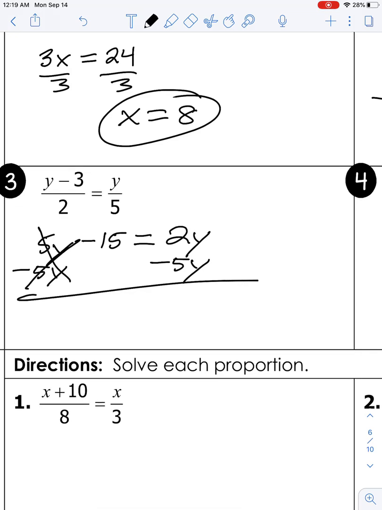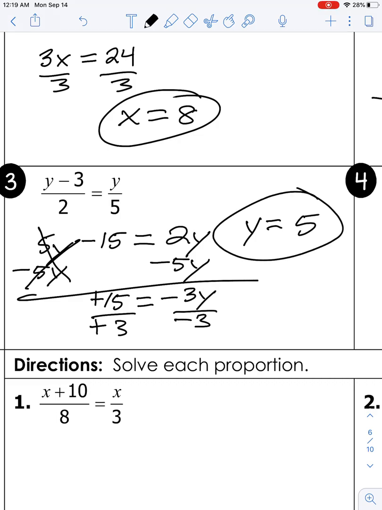That cancels out, and you get negative 15 equals 2y minus 5y, which is negative 3y. And then last but not least, to separate the negative 3 and the y, you divide by negative 3. y equals, make sure to watch your negatives. Negative over negative is a positive. 15 divided by 3 is 5. And that would be your answer.